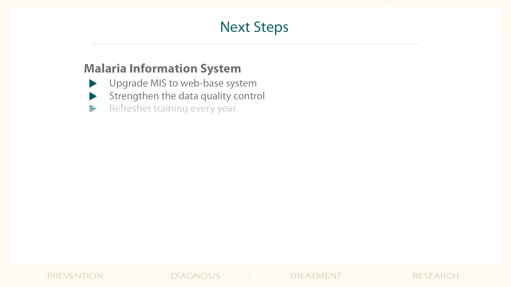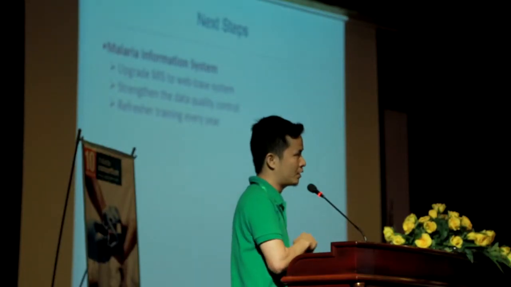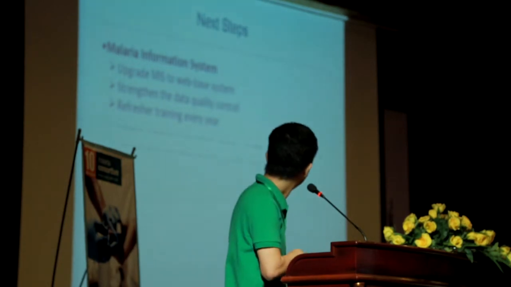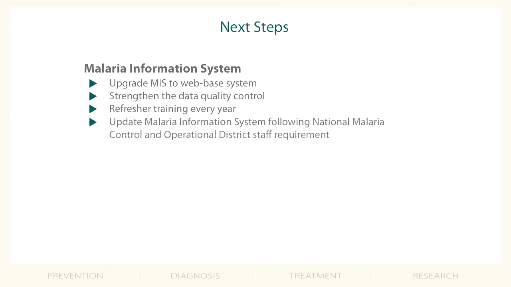And we will strengthen the data quality control with refresher training every year. We plan to train them in a workshop in May this year, and update malaria information following the national program, the national malaria control and operational district staff requirements.